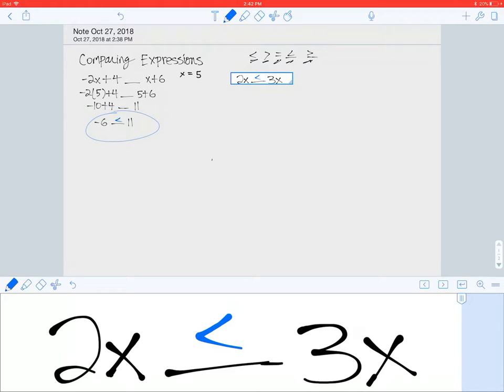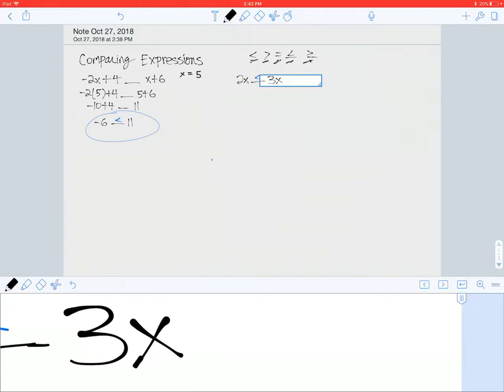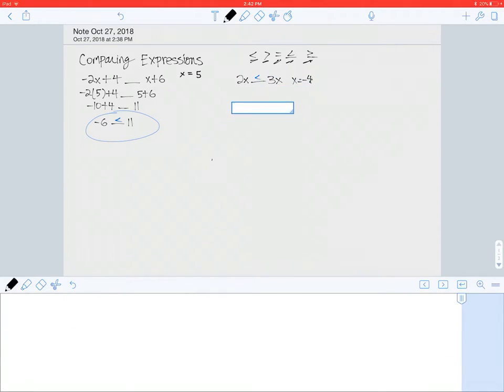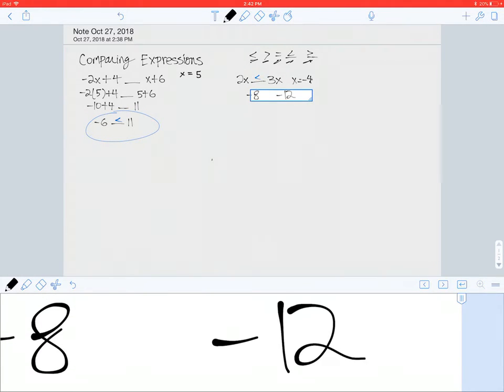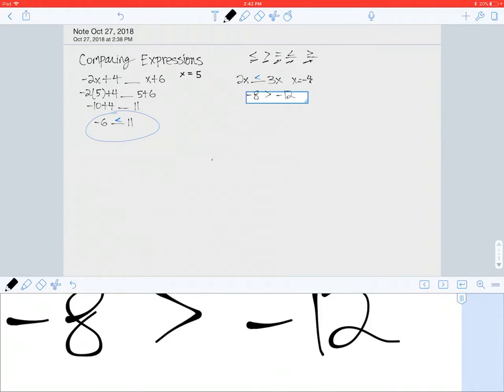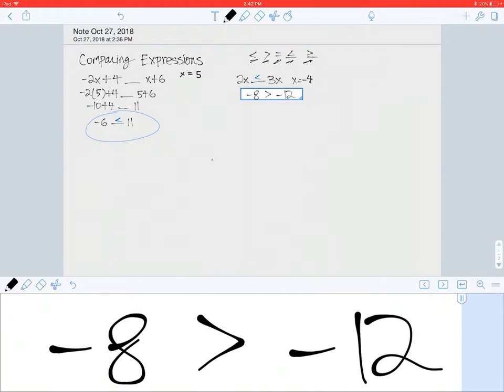However, it's not always greater than or less than, because you have to also consider that negative numbers can be replaced for x. Like if we had x equals negative 4, 2 times negative 4 is negative 8, and 3 times negative 4 is negative 12, and negative 8 is greater than negative 12. It's not less than.